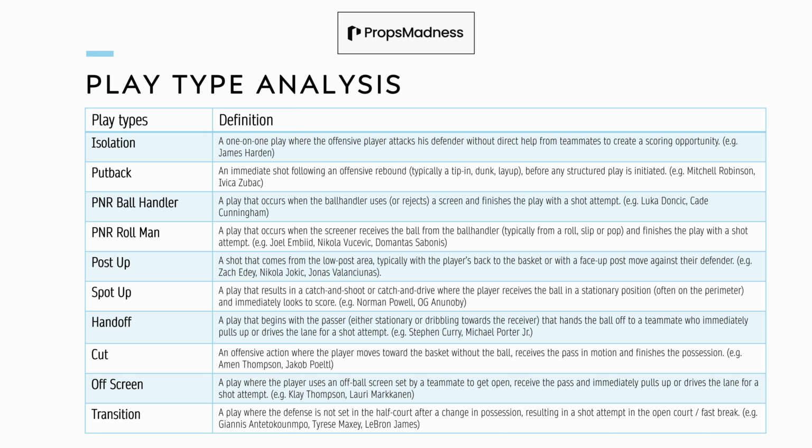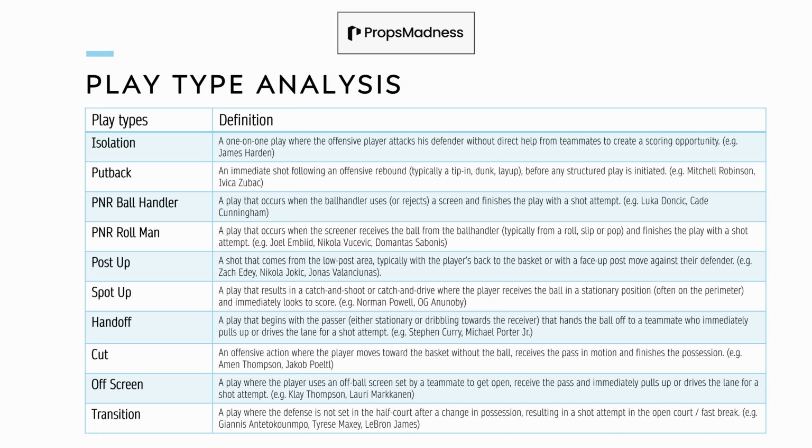The difference from the handoff is that the handoff is coming from a teammate where the ball is being passed to them directly, whereas for the off-screen, they're actually using the screen from another teammate before receiving a pass from someone else, and then deciding whether to shoot off of that pass or drive to the lane, either for a mid-range jumper or a shot at the rim.